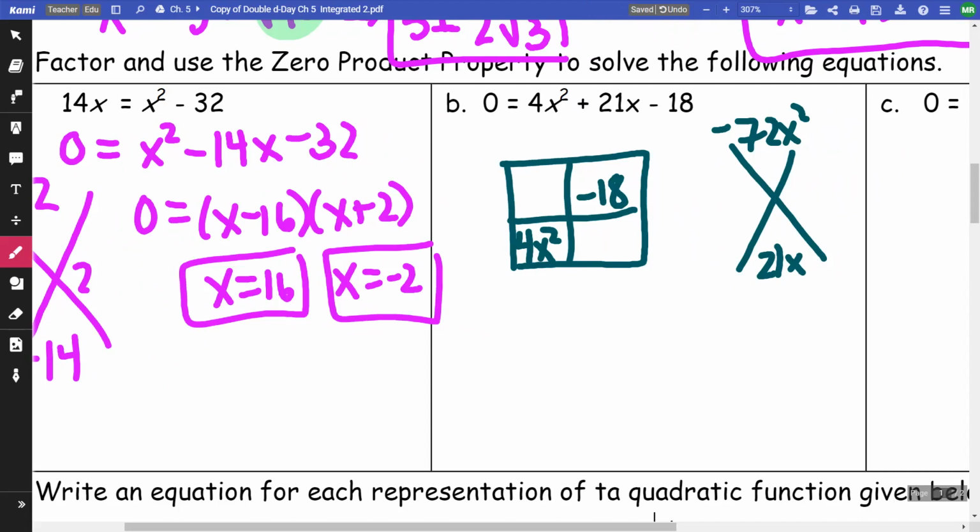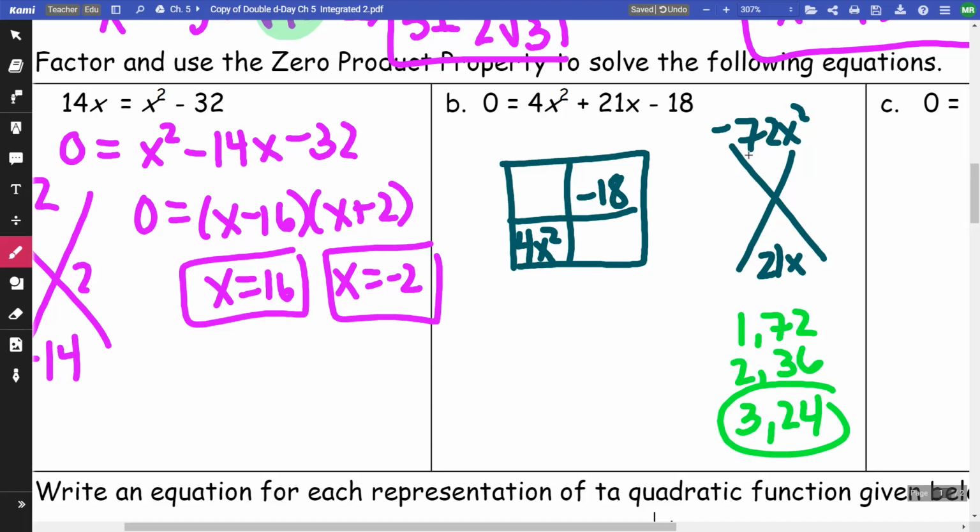And let's see, that is going to be a 1 and 72, which that's not going to work. 2 and 36, that doesn't work. 3 goes into 72 24 times, so 3 and 24. And that's actually going to give me a 21.